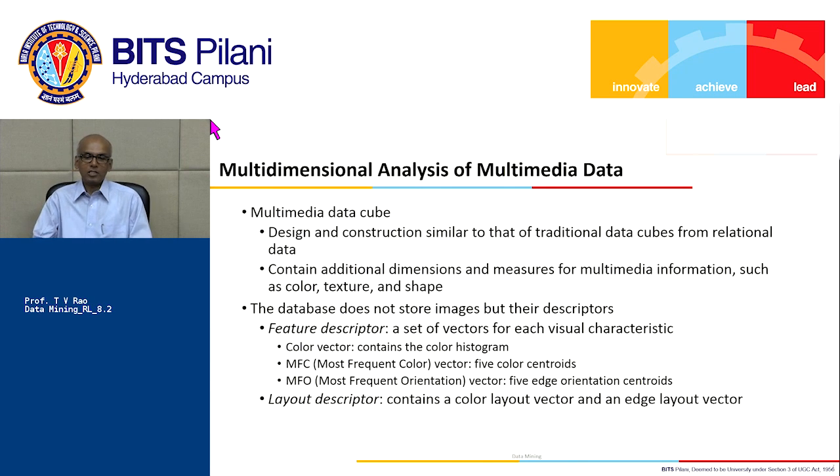When we have such multimedia data, we may resort to multidimensional analysis. A multidimensional analysis can be based on the numerous characterizations that we do for each one of these multimedia objects. Let's say we are talking about images. So we may have dimensions that represent color, then texture and shape.